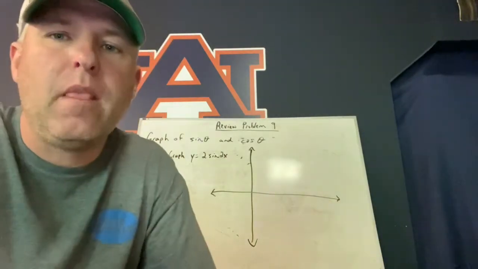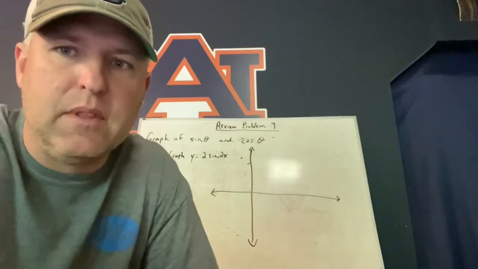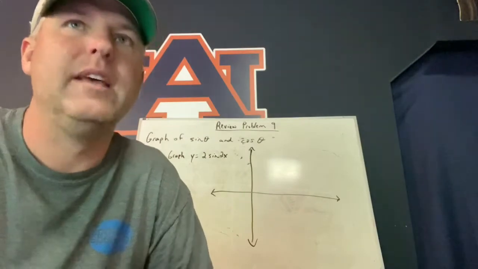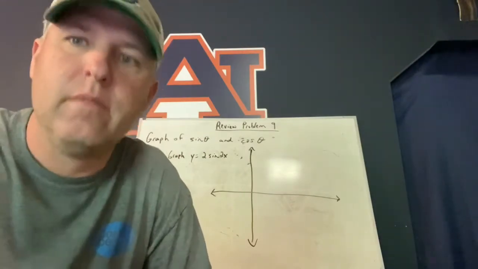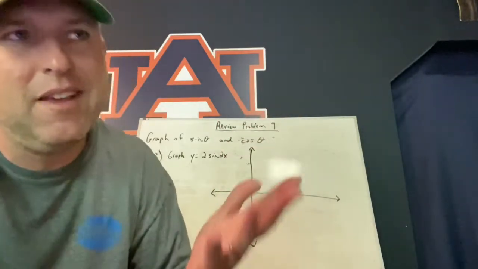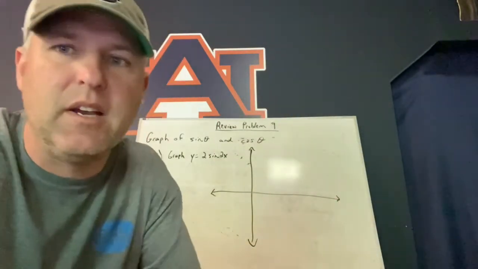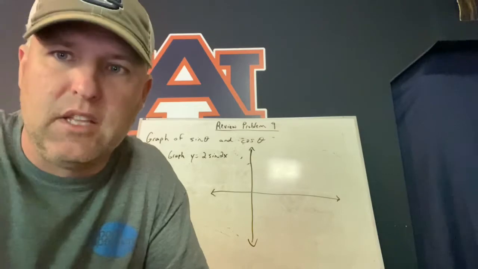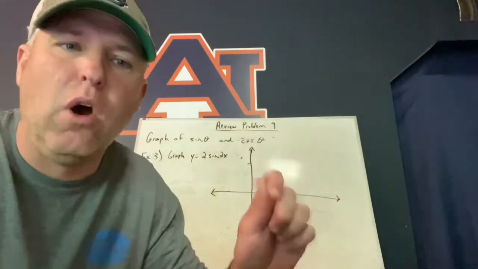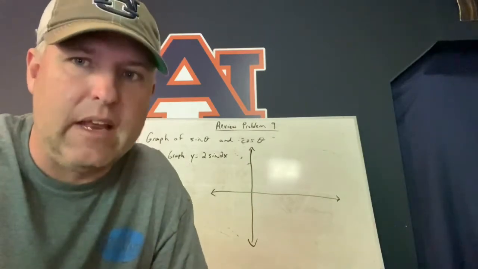The first is, is it sine or cosine? It's sine, so it starts at the origin. If it's cosine, it's going to start at a max. Not necessarily, but for the basics that we're doing. But it's sine, so it starts at the origin. Got that.